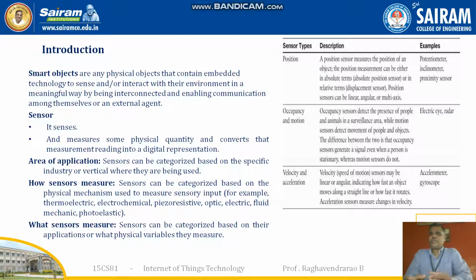So the smart object collects the information, senses the object, and that information is given to the interconnected devices. This is one way we can say there is a smart object.